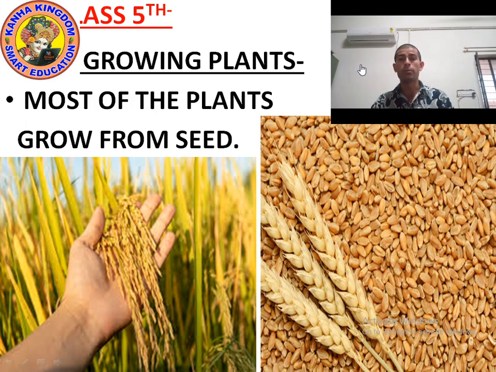They grow from seed, but many plants can also grow from their stem, root, and leaves. Yes, really, they can grow from root, stem, and leaf. So, we will study all about these.